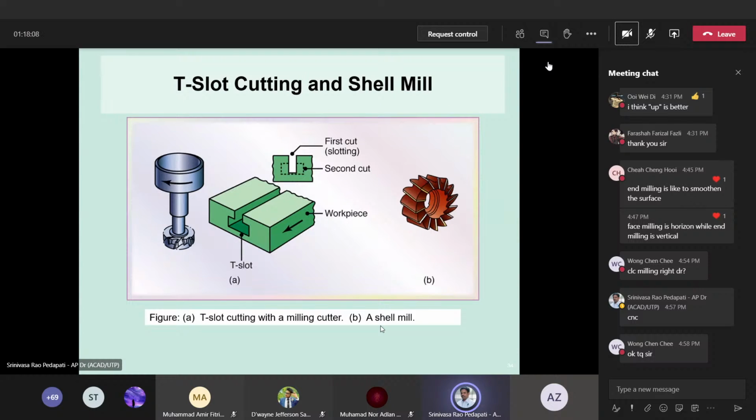Say in casting, you end up with a cast part, but that part is not good enough to use as it is, because it has roughness on the surface, it is not shiny, and the dimensions are not exactly correct. So we need to do something to make it attractive, and the surface finish should be good. To get the required surface finish and also dimensional accuracy, we need an operation called the grinding operation. So let us see what it is.